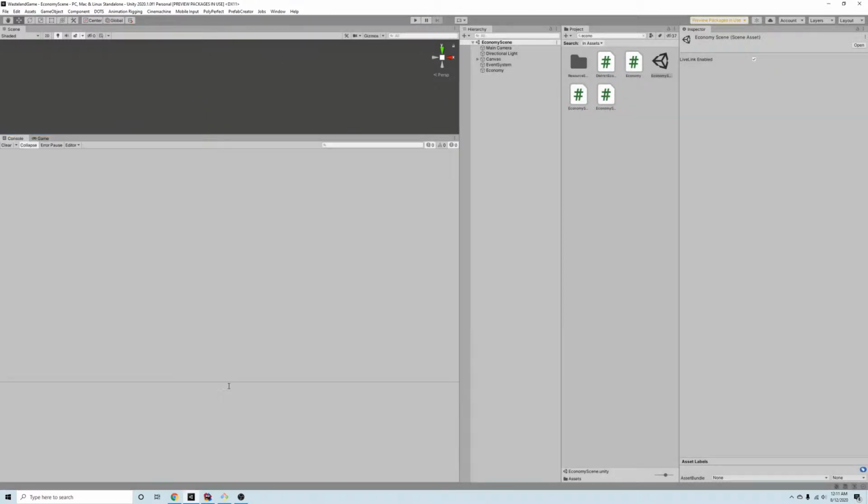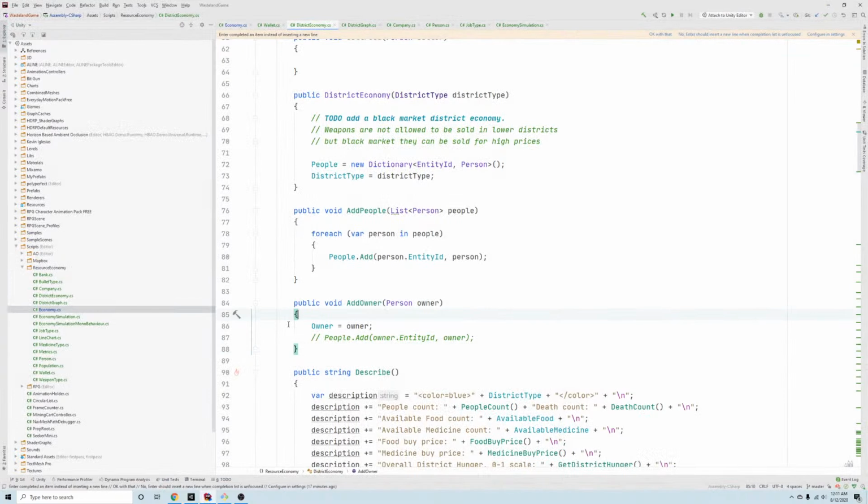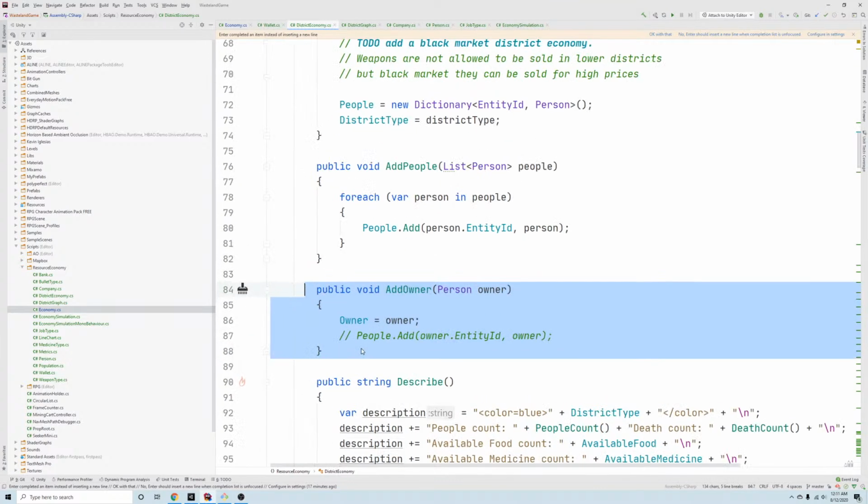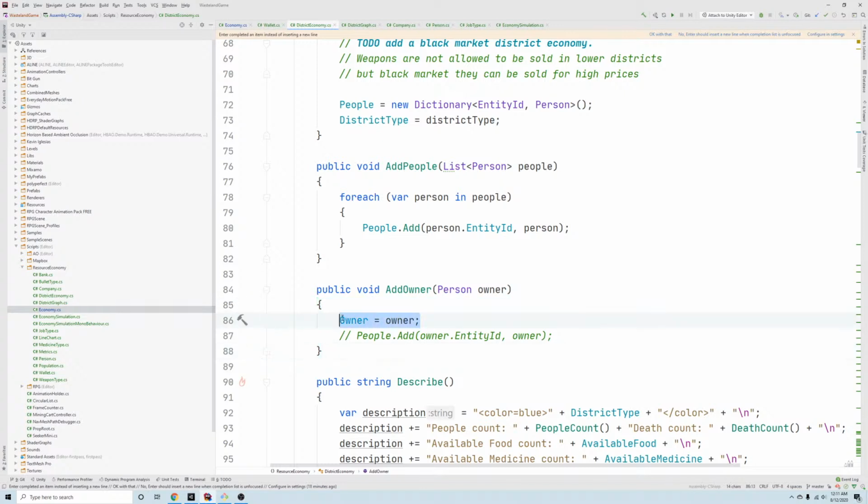The reason it didn't work before was that value is the average of everyone in the district, and when you add a person to that district's simulation list, and they have a million times more money or thousands of times more money than everyone else, the average isn't going to change much. And in this case, it didn't change at all.